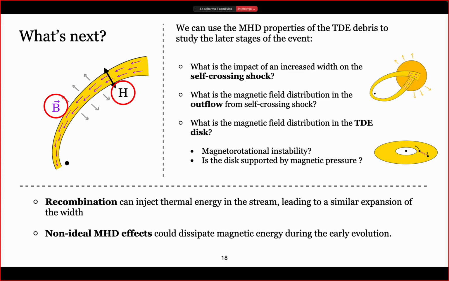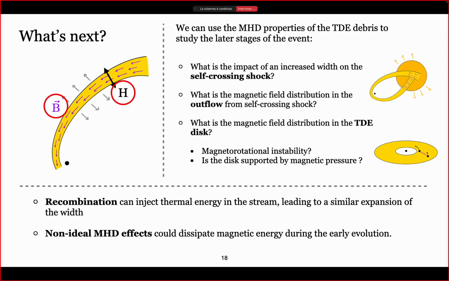One last thing that I wanted to mention is the ideal MHD assumption that we make. According to this assumption, the gas must be fully ionized during the whole evolution. But in reality, we expect this to break down eventually, because the stream gets stretched, and therefore it's going to adiabatically cool down, and eventually you reach a point where the gas starts to recombine into neutral atoms.